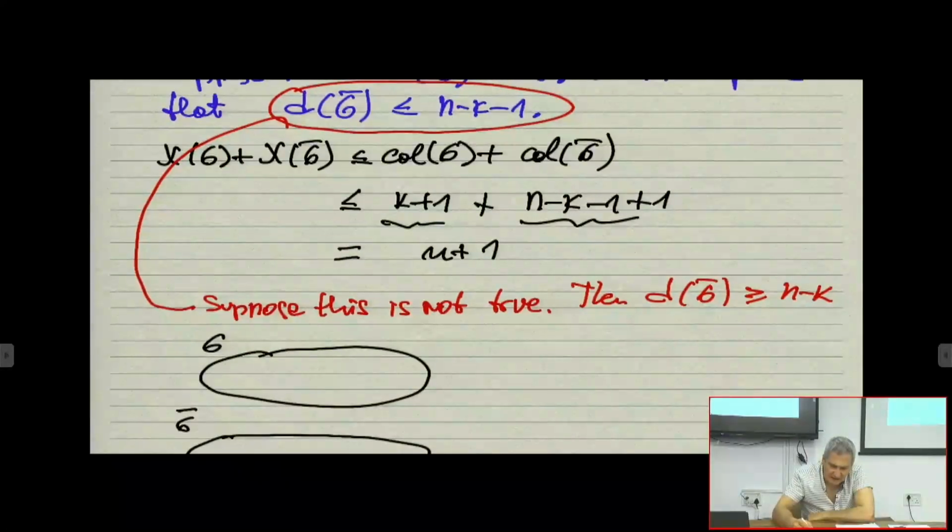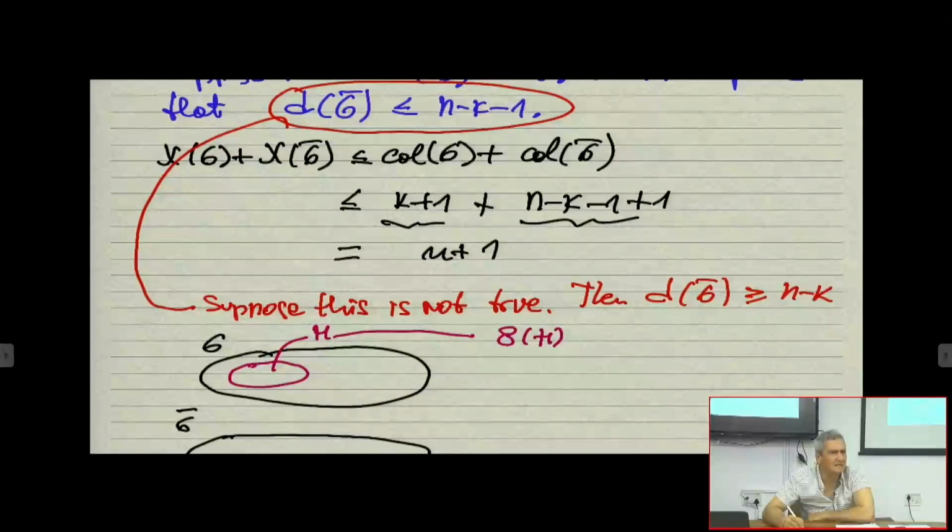So we have here graph H. Minimum degree of H is at least, because the degeneracy is D, we can assume it is exactly D. Yes? The degeneracy of graph G is D, then we have a subgraph of minimum degree D, yes? So in this H, all vertices have degree at least D, yes?